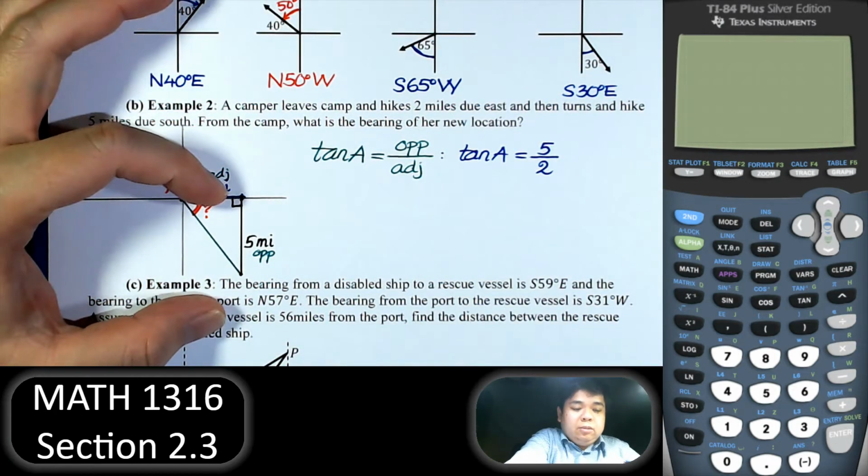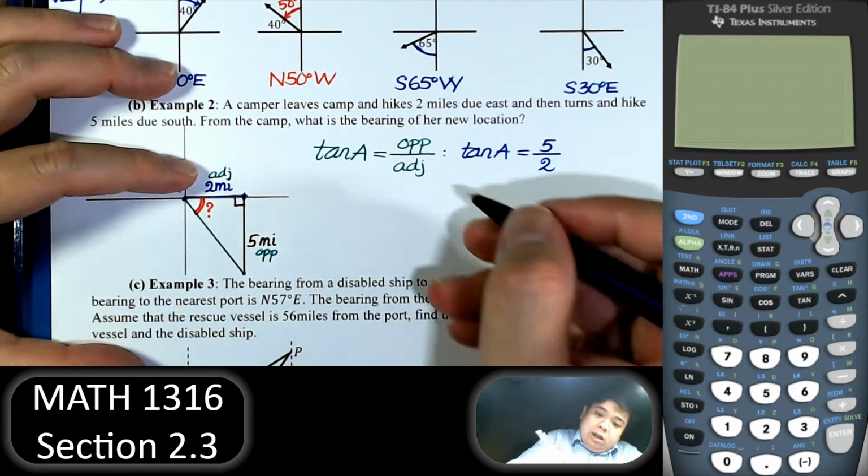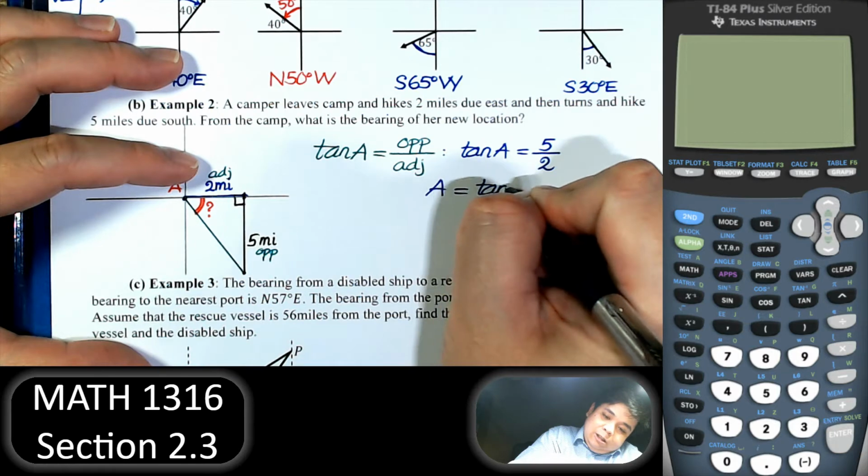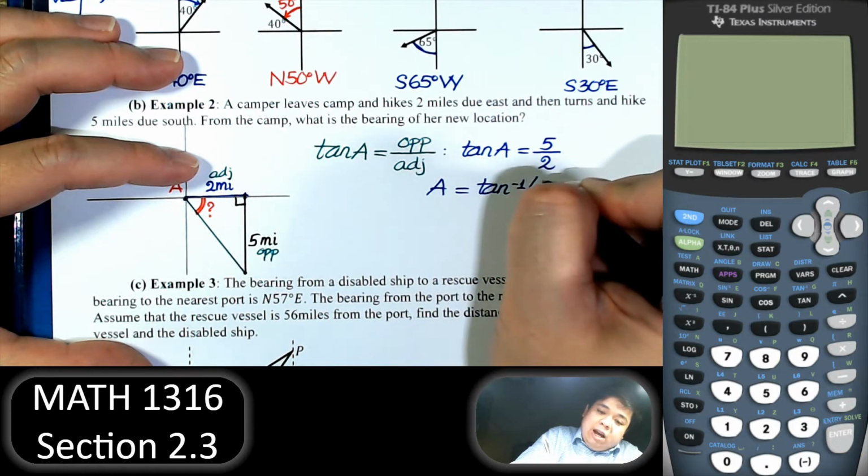So angle A will be the inverse tangent of that ratio.